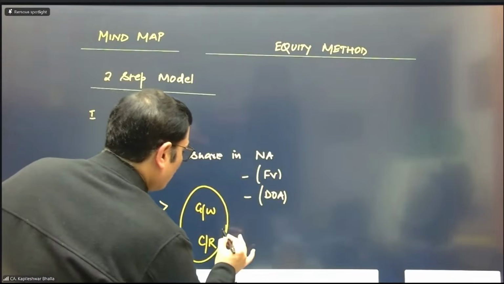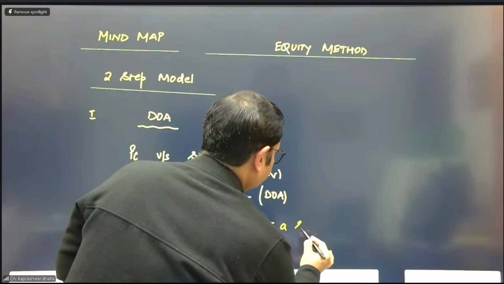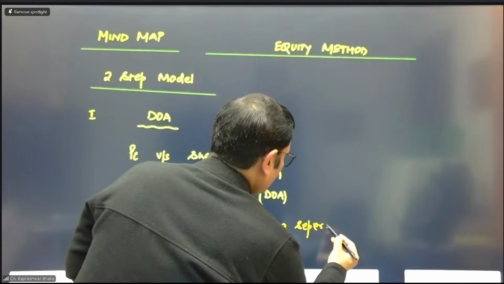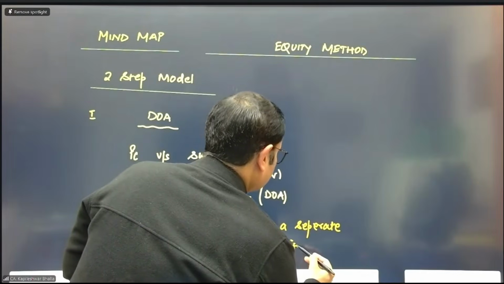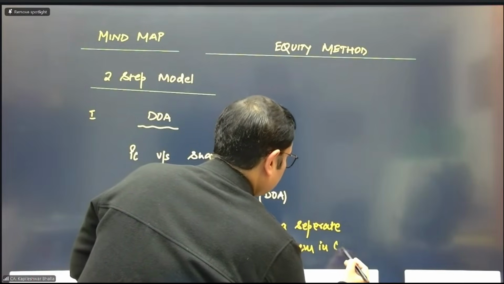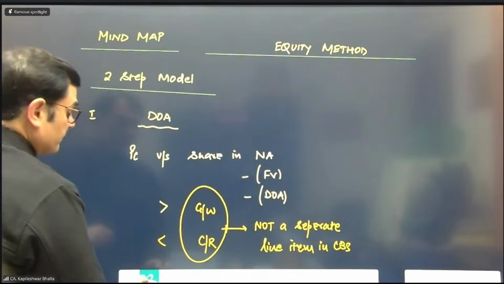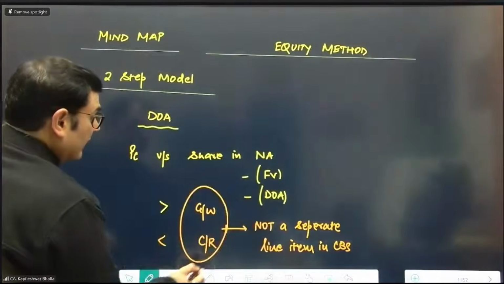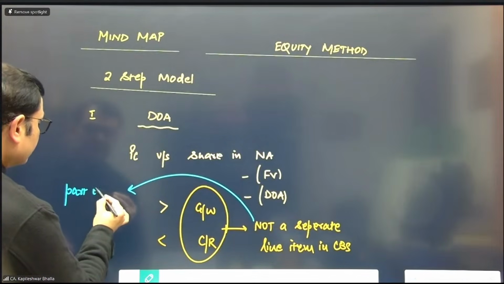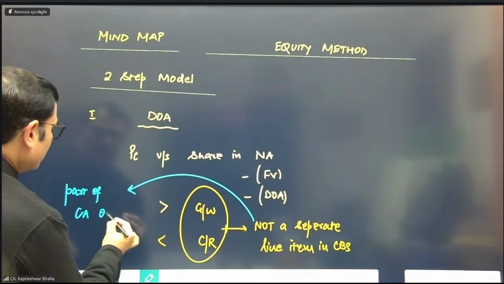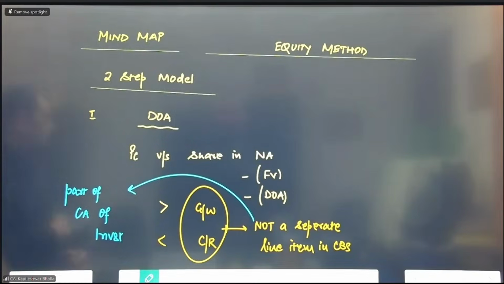And this goodwill or the capital reserve is not a separate line item. It does not appear as a separate line item in the consolidated balance sheet, but it's a part of the carrying value of the investment. So it is shown as a part of the carrying amount of the investment which appears in the consolidated balance sheet.